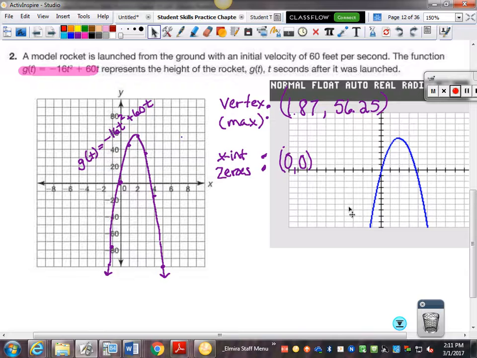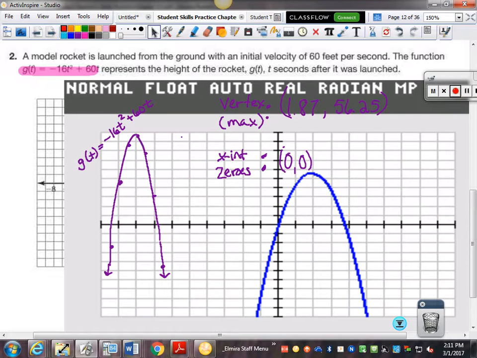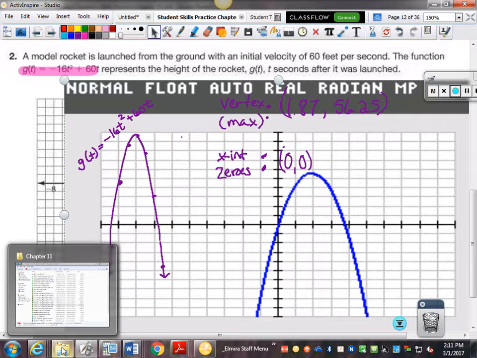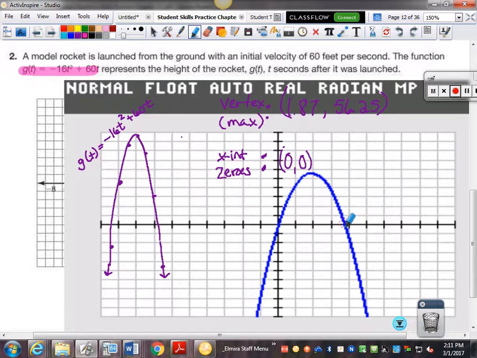We are going to tell the calculator to search the graph between, I know that this is where the intercept is, that's where the zero is. So we're going to tell the calculator to draw those boundary lines here and here, and it's going to search between those two spots on the graph.